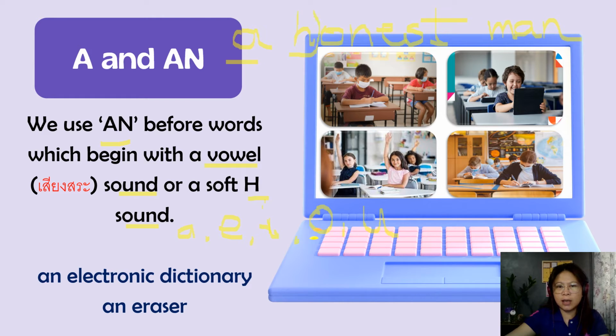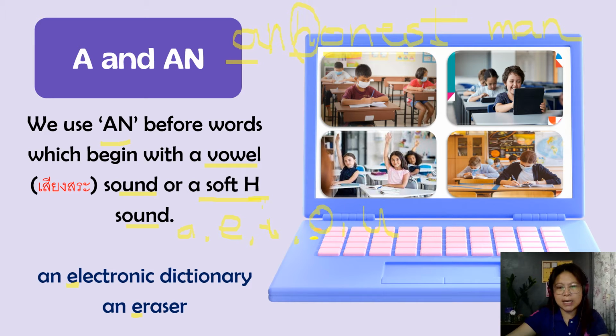H is a consonant letter, but it is a silent H or a soft H sound. So we don't say huh-nest, but we say honest. So we put an honest man. An electric dictionary, or an eraser.